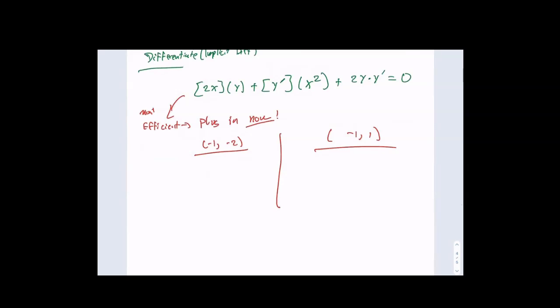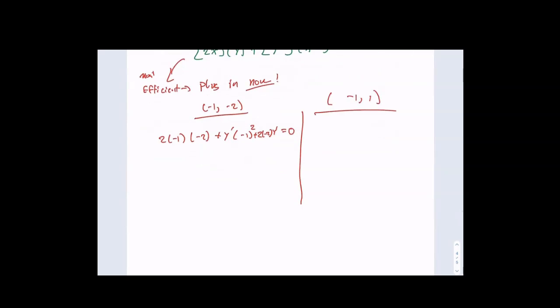So I'm going to plug in 2 times -1 times -2 plus y prime times -1 squared plus 2 times -2y prime equals 0. I'll do that one first. That gives me 4 plus y prime minus 4y prime equals 0.